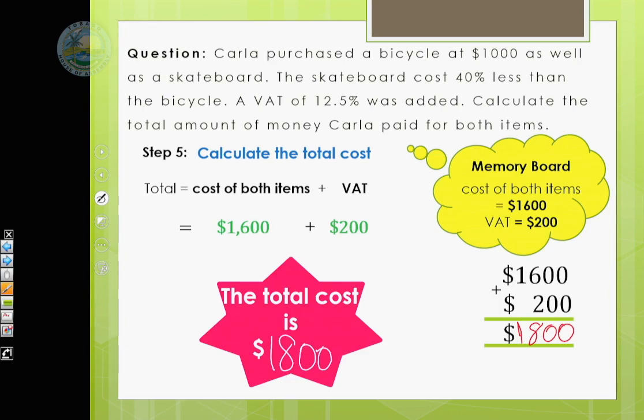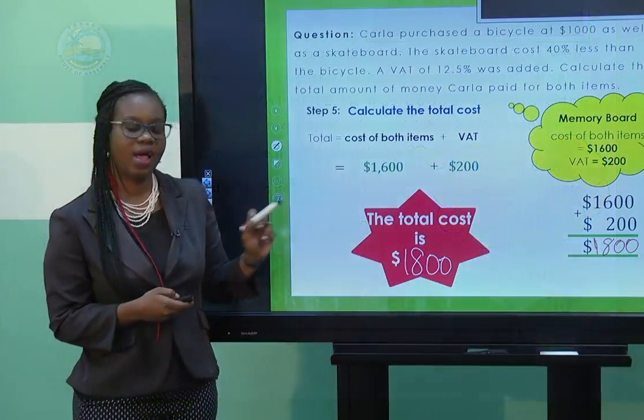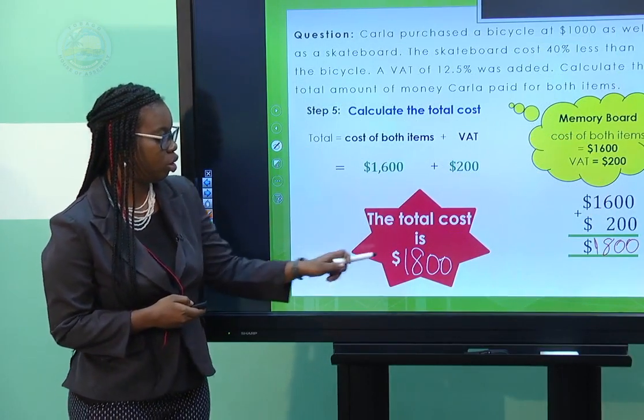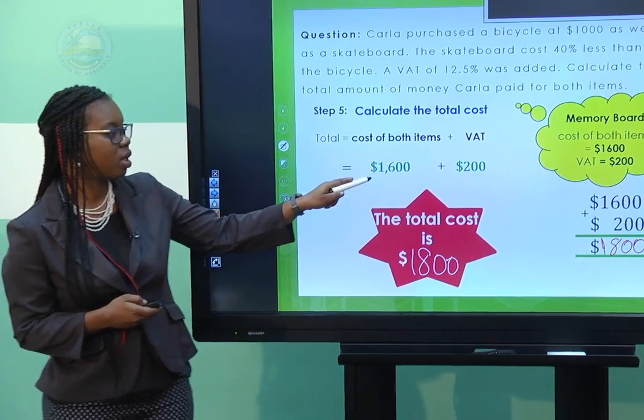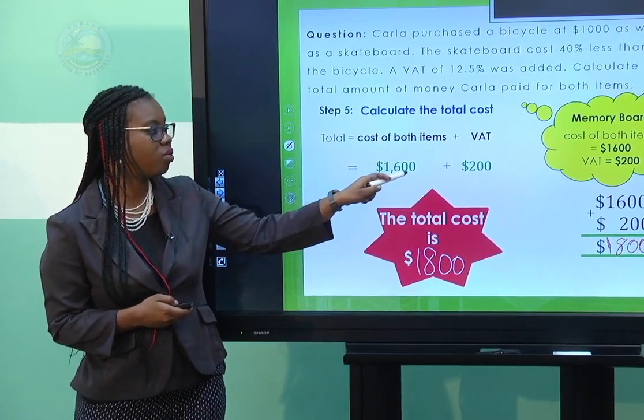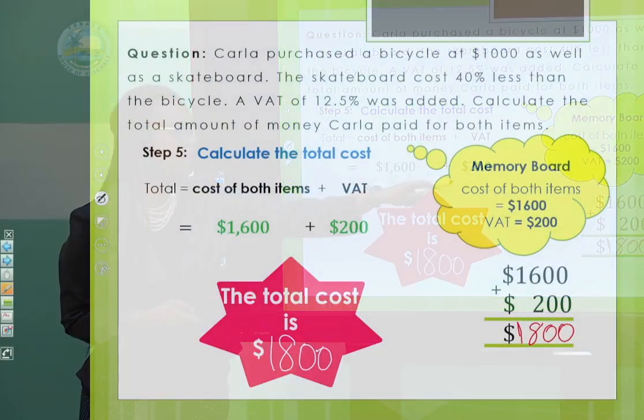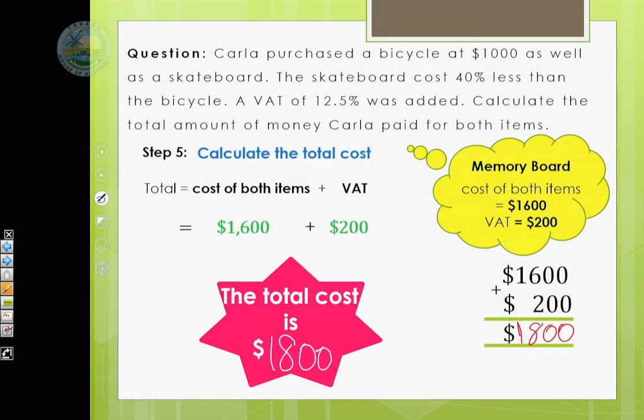Remember, VAT is a charge added to items purchased. So the items purchased cost $1,600, the VAT is $200, so our new cost, which will be more, is $1,800.